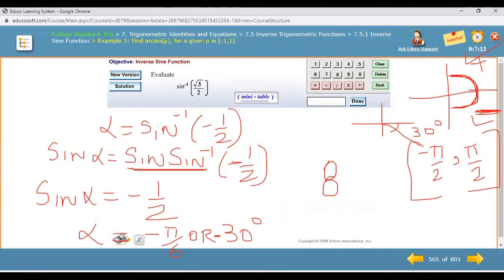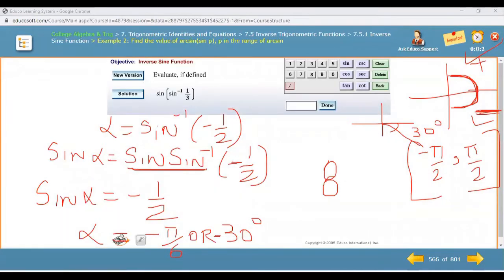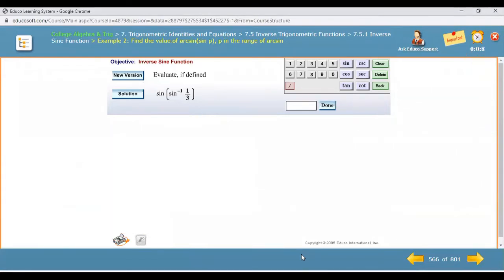Okay, let me pull up another problem on this. If we have a question like this, it says sine of sine inverse 1 over 3.